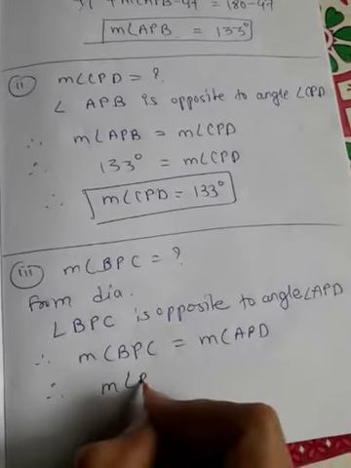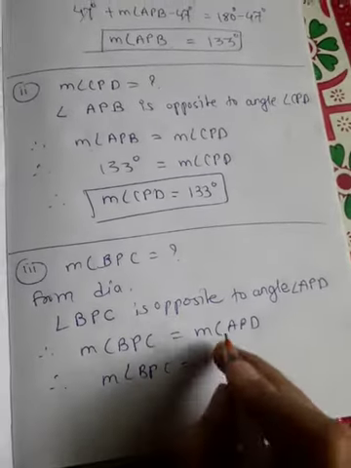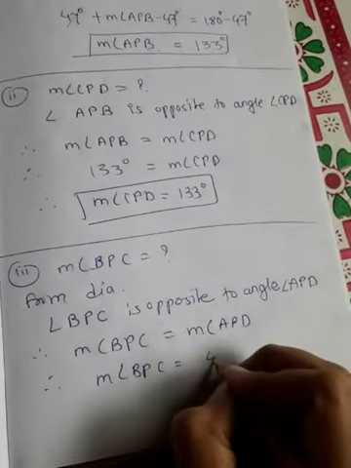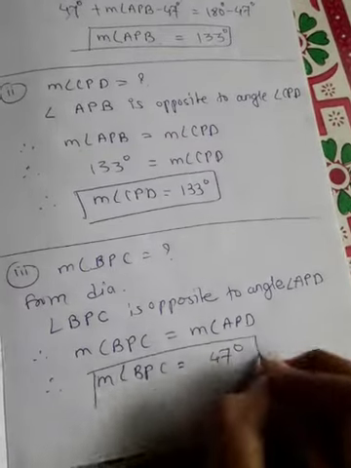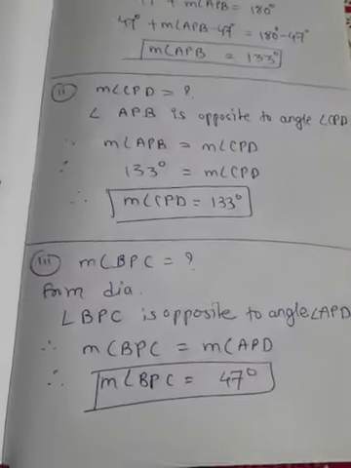We know the measure of angle APD is 47, so the measure of angle BPC is equal to 47 degrees.